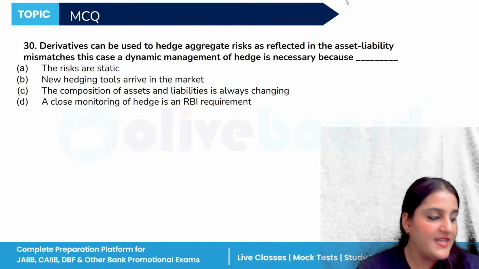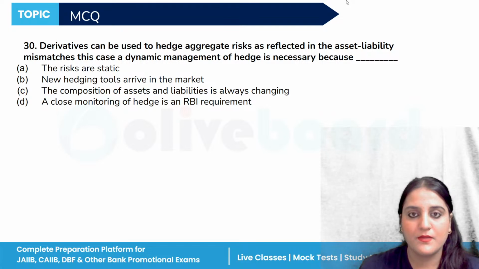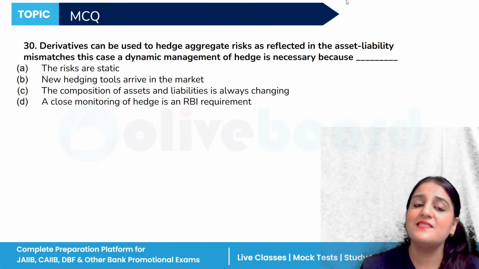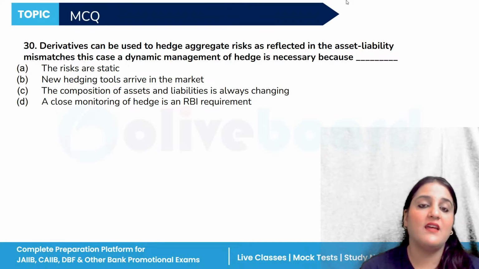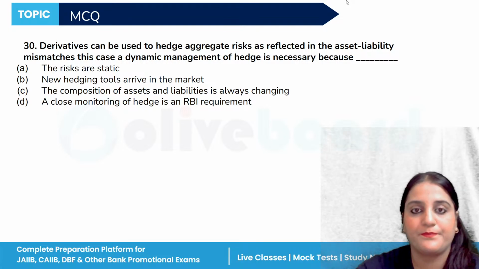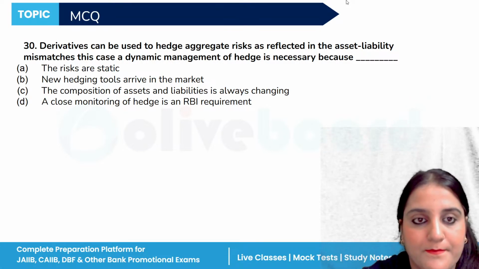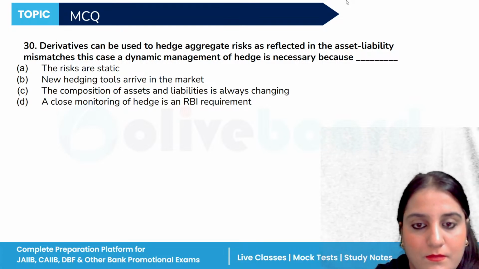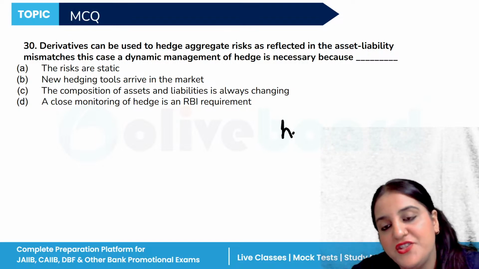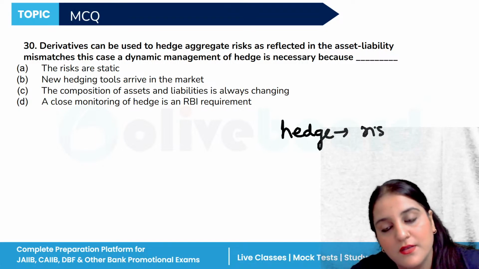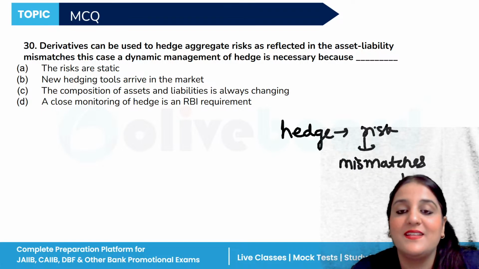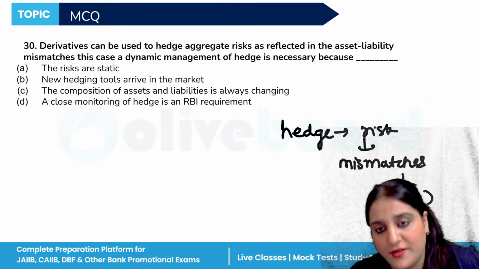Then the next question: derivatives can be used to hedge the aggregate risk as reflected in the asset liability mismatches. In this case, a dynamic management of the hedge is necessary because derivatives are often used to hedge against the risk that arises from mismatches in the asset liability structure of an organization.